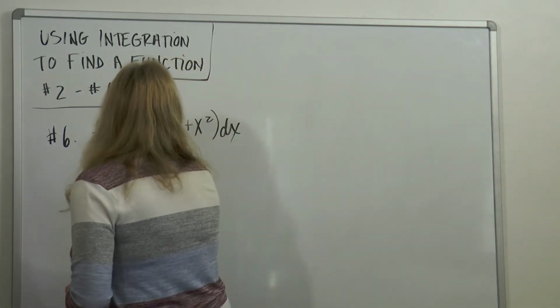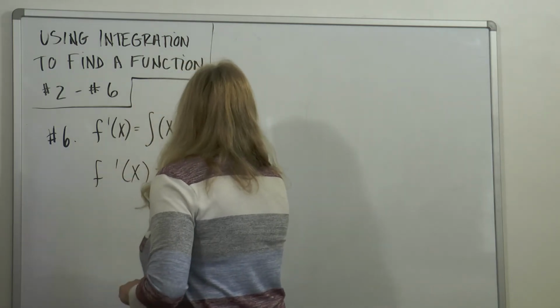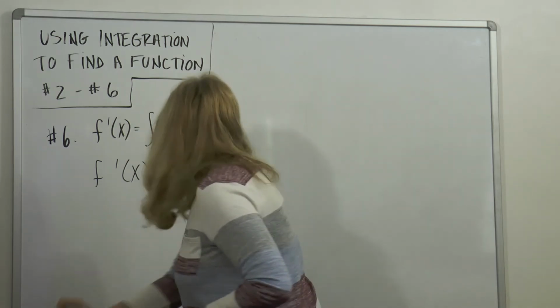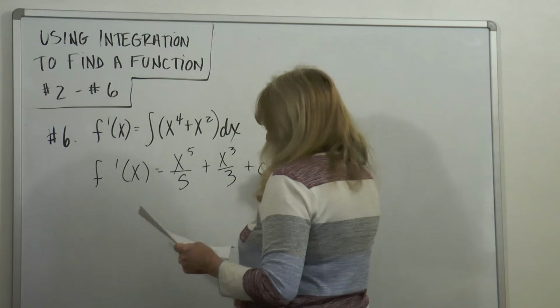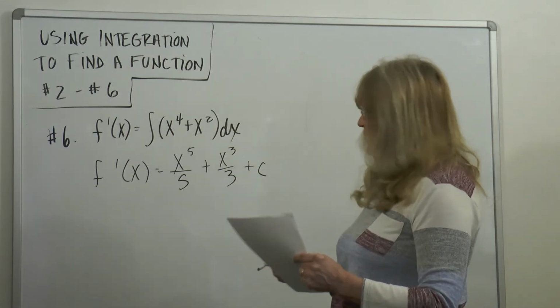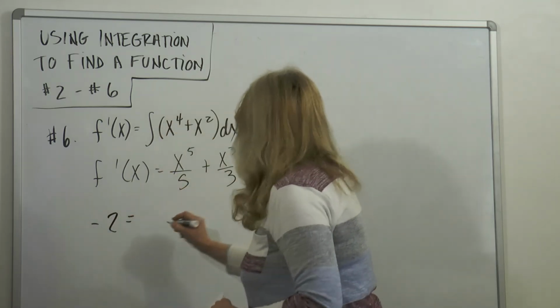So f prime of x is x to the 5th over 5 plus x to the 3rd over 3 plus c. We're told that f prime of 1 equals -2. So the whole thing's -2 when x is 1.